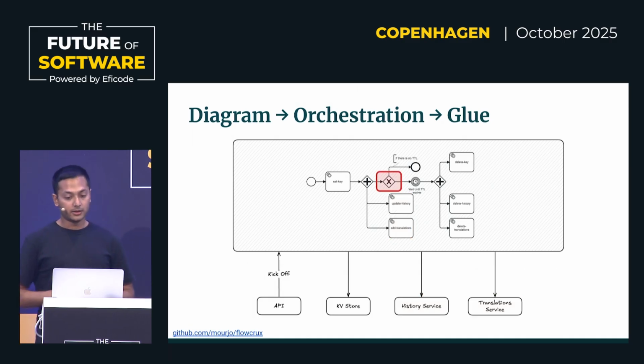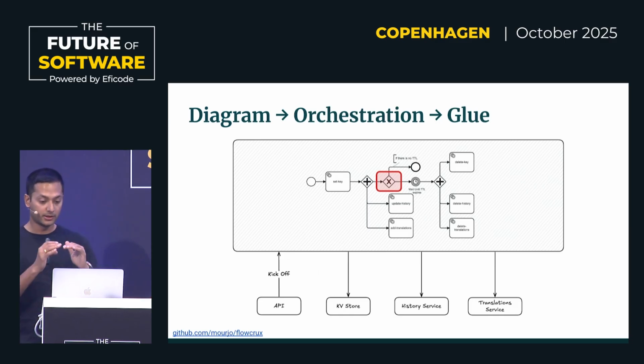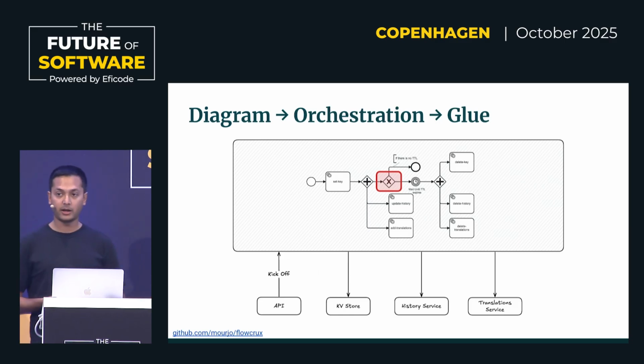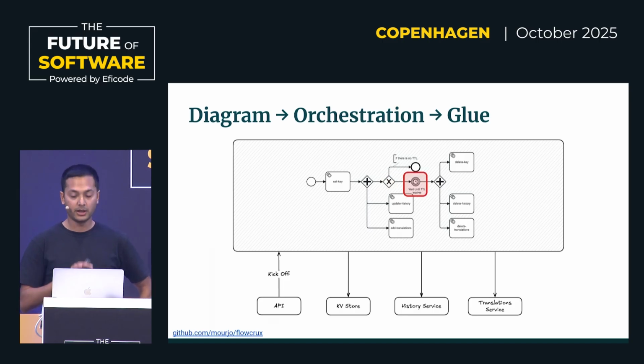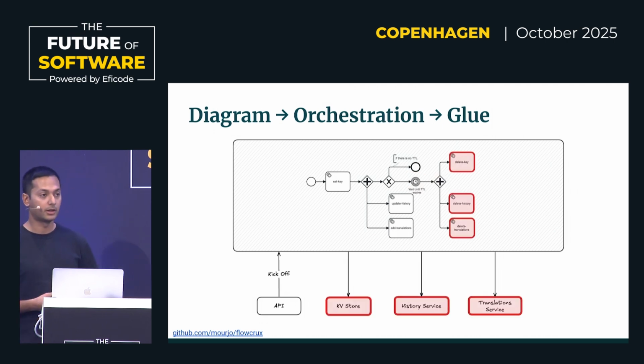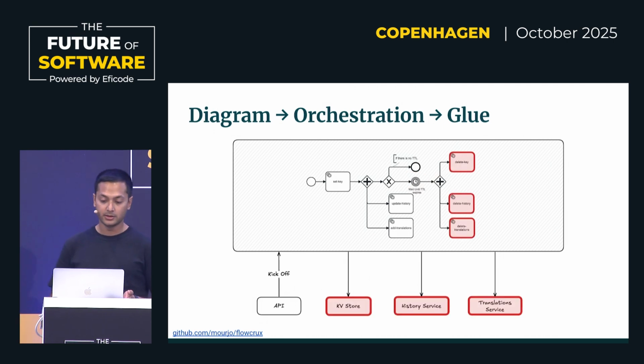And then there is another diamond with an X, which means conditional execution. So this condition is checking, is it an expiring key? If it is, and in this case it is, it waits. This waiting logic, or the parking until the next time to execute, happens at the control bus layer or the orchestration layer. And when the time comes, it does a few things in parallel, that is to clean up all the data from the downstream microservices.